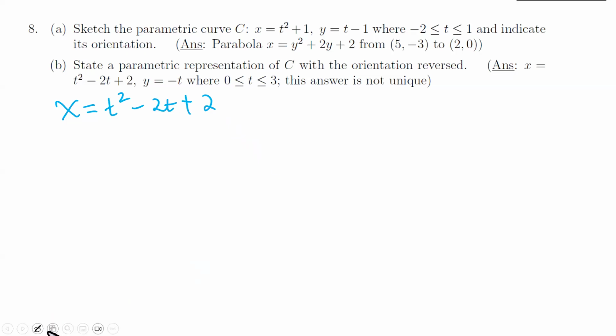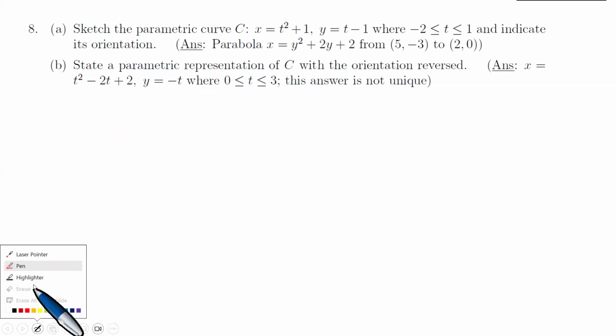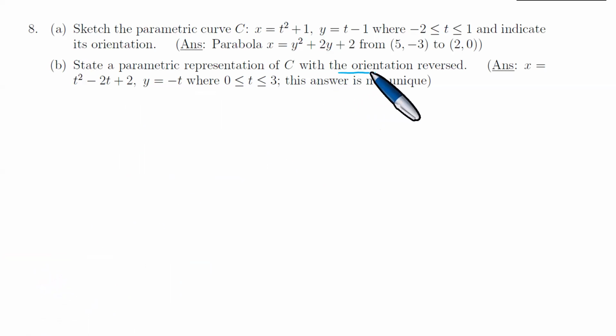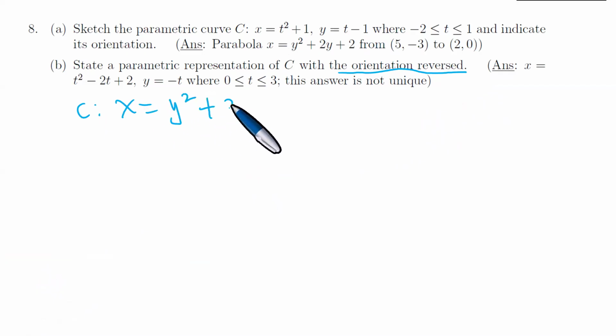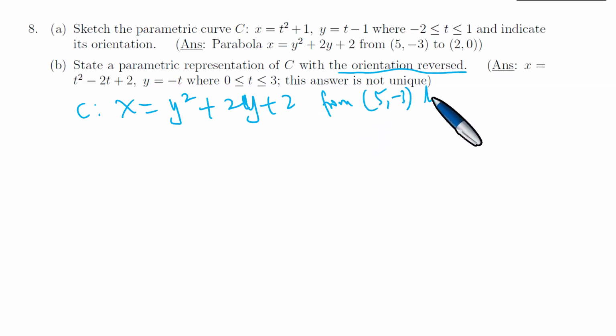That would be the fact that if you reverse the parameterization, rather with the orientation reversed, you reverse the orientation. We know that for C, x is y squared plus 2y plus 2 from 5, minus 3 to 2 and 0.